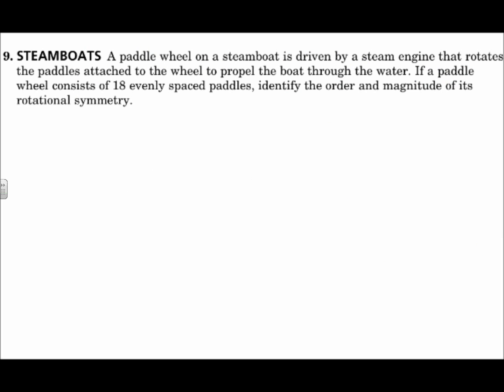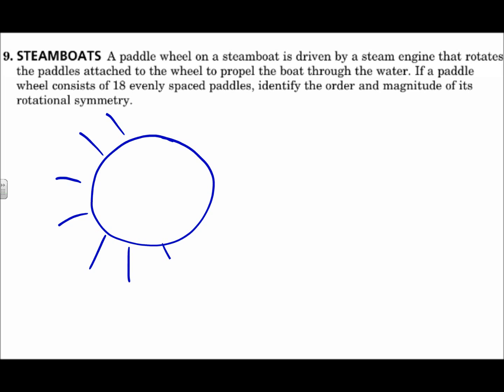A paddle wheel on a steamboat is driven by a steam engine that rotates the paddles attached to the wheel to propel the boat through the water. If a paddle wheel consists of 18 evenly spaced paddles, identify the order and magnitude of its rotational symmetry. Well, you can imagine this wheel with 18 paddles going all around.